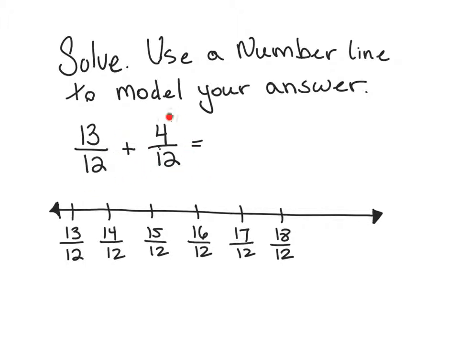And we're moving up by 4 twelfths to see where we land. So let's start here at 13 twelfths. And we are moving up 4 twelfths. So here's 1 twelfth, 2 twelfths, 3 twelfths, 4 twelfths. Ding, ding, ding. Here is our answer, 17 twelfths.